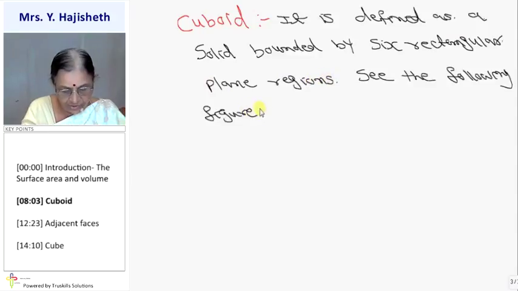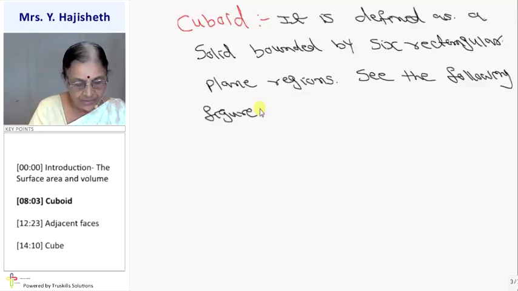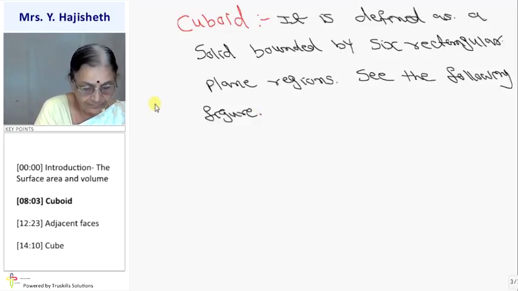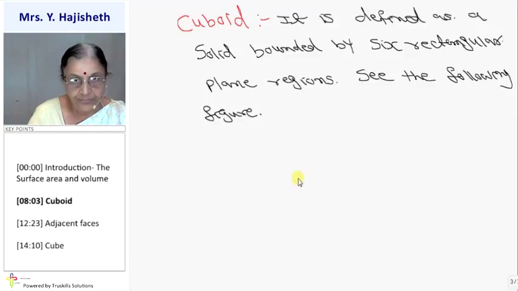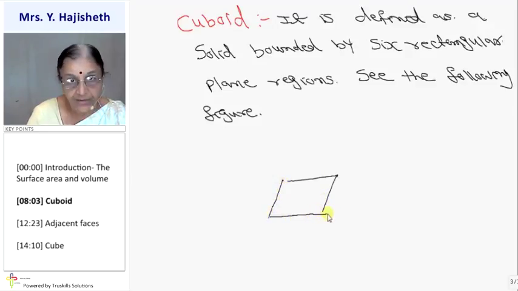Okay, see the following figure. I draw it here. Look at the following figure. It is cuboid in shape. If I draw it here, I make a rectangle like this.